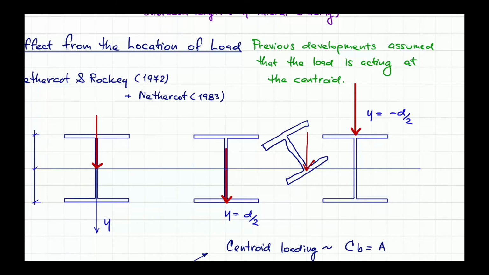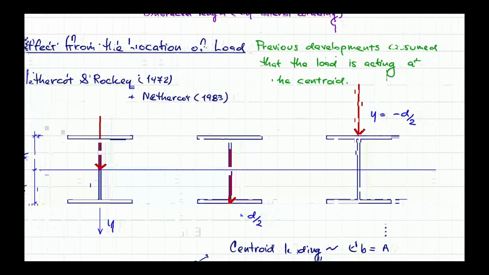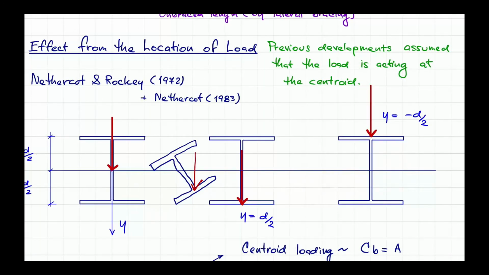Okay, and you can see here, when the beam starts losing stability, it starts deforming from the original configuration. So the original configuration is over here, and then when it loses stability, it goes to the left hand side.